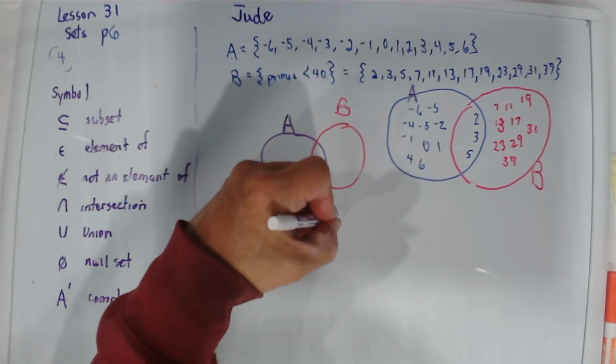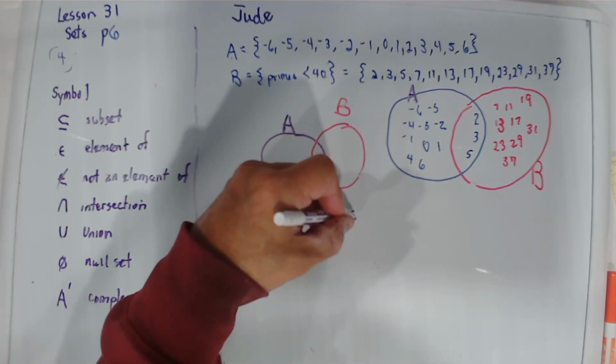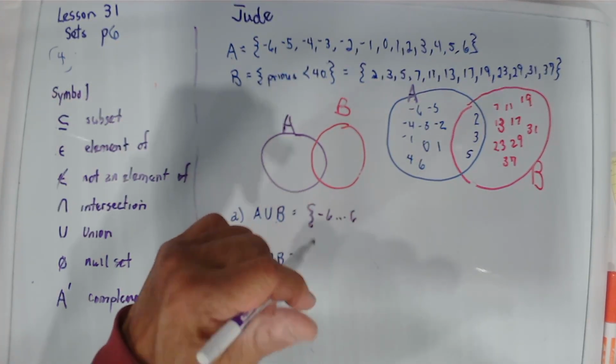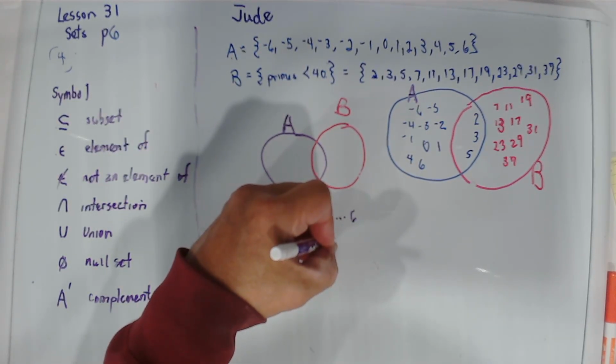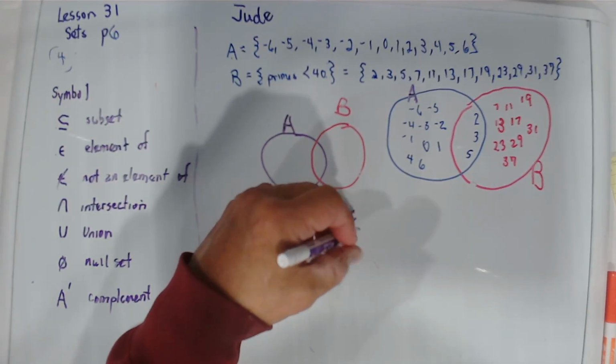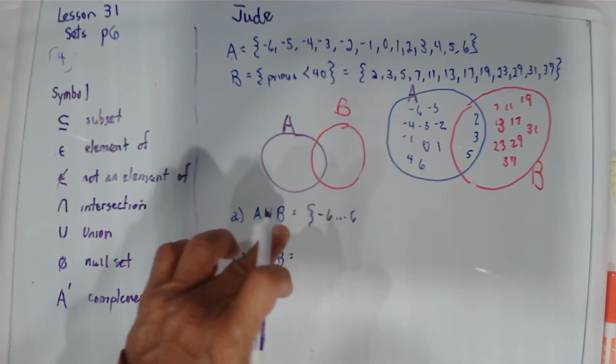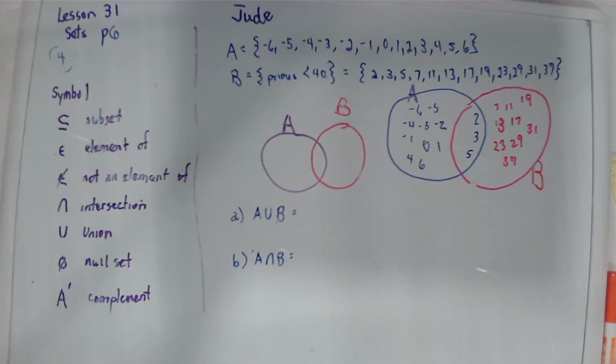-6 dot dot dot 6, or actually I could write that as, let me get a better pen, because this guy is pretty much dead.